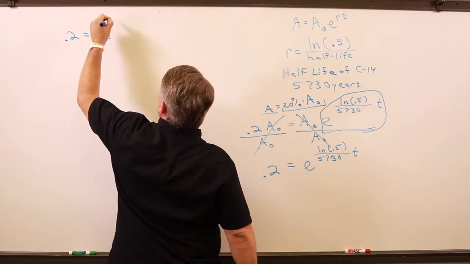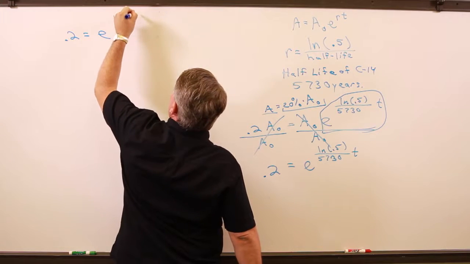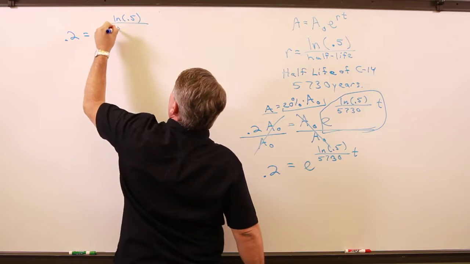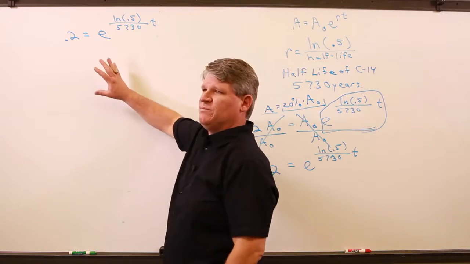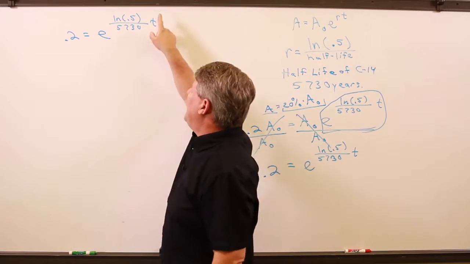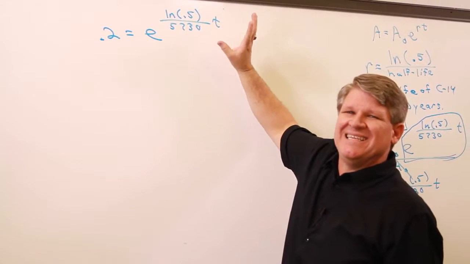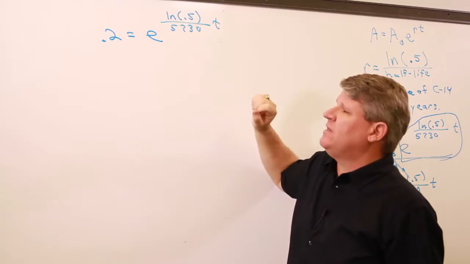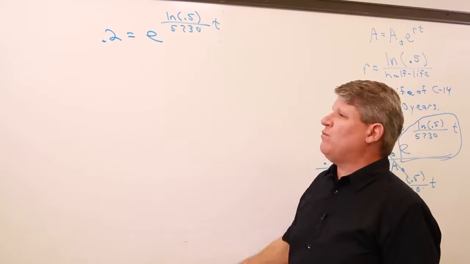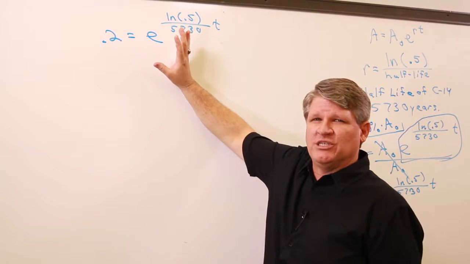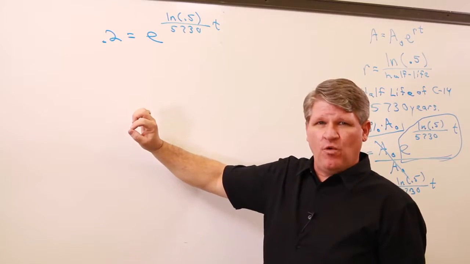Rewrite our problem. Now I have an exponential equation. I need to get to that t, and the t is in my exponent. Well, in order to solve this equation, I need to rewrite my exponential equation in logarithmic form.